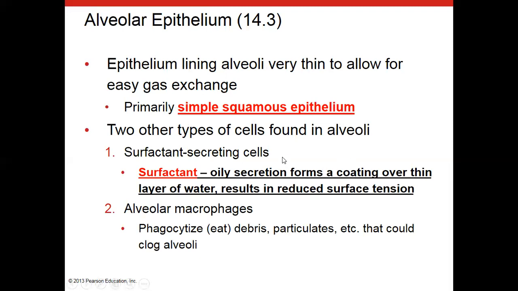And there are two other types of cells found in the alveoli. One is called a surfactant secreting cell, and surfactant is an oily secretion that creates a thin coating on the inner surfaces of the alveoli, and that helps reduce surface tension. Think of surface tension as where air and a liquid surface come together.